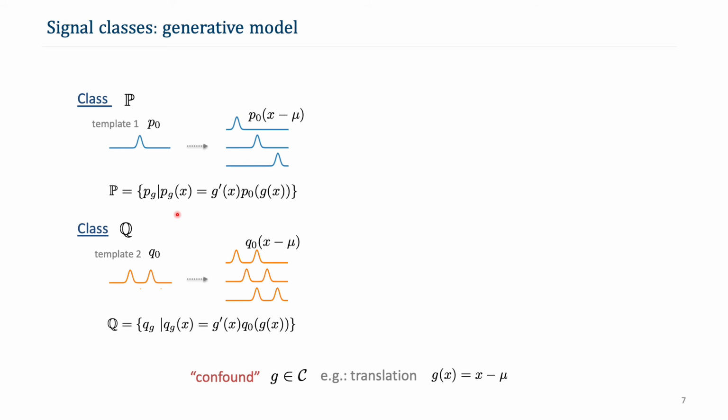Similarly, let's consider a class which we call class Q, where this class Q is made of a second template, which we call Q naught. And again, the set of all possible translates of Q naught is what we call the set Q. The same mathematical notation is used here to define the set Q. As we just saw, if we consider the geometry of these sets, they are non-convex, non-linear.